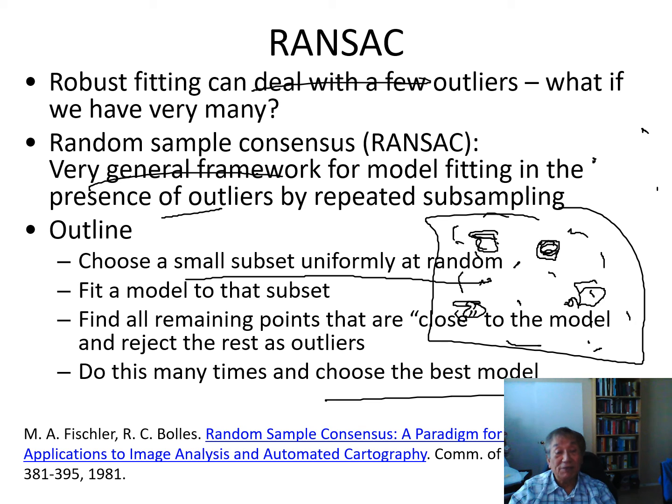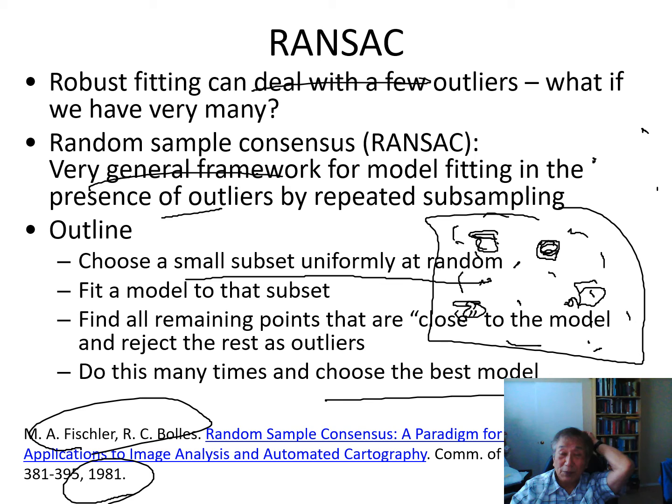In fact, this was studied a long time ago, in 81, by Fischler and Bolles, and they were cartographers, map-making people.